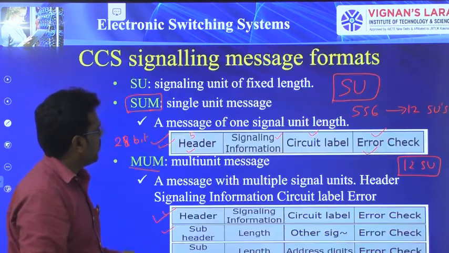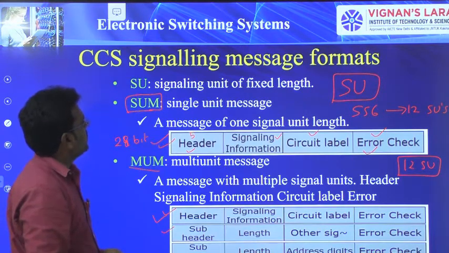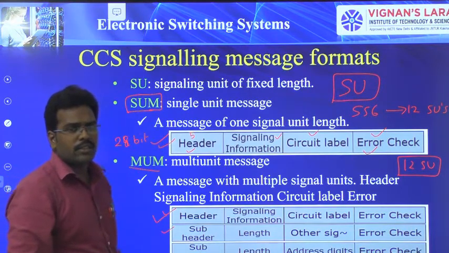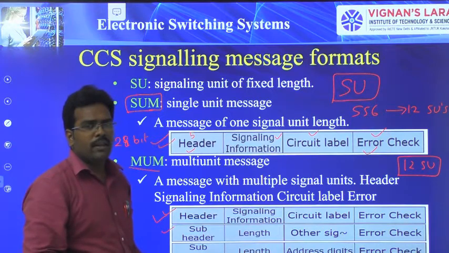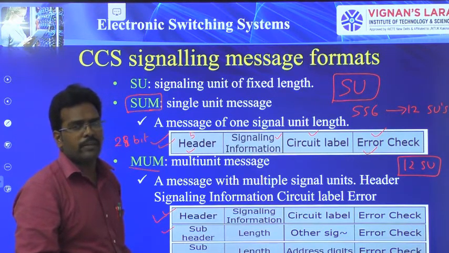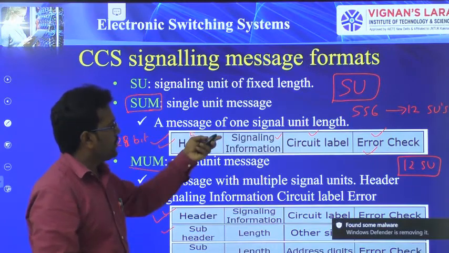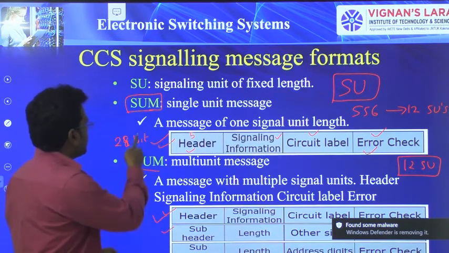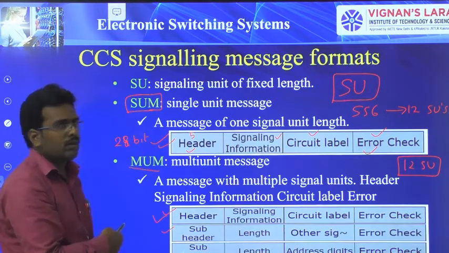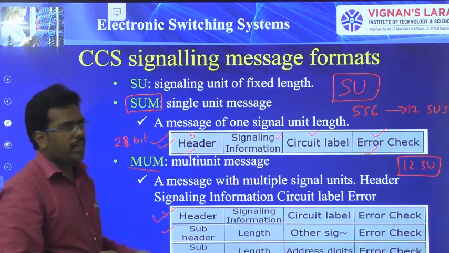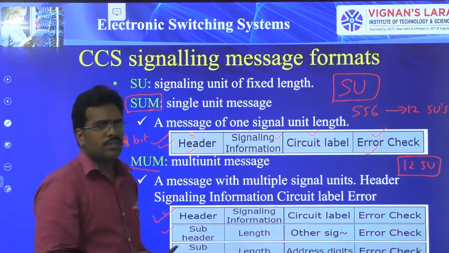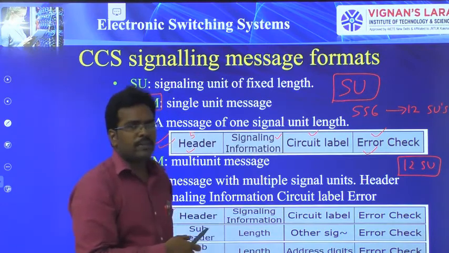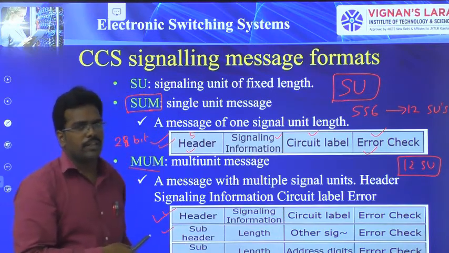So once again I'll brief it. Generally this SS6 common channel signaling is going to transfer the information in the form of message formats. The message formats of these SUs are SUM and MUM, and each contains some fields such as header fields, serial information, circuit labels, and error check.